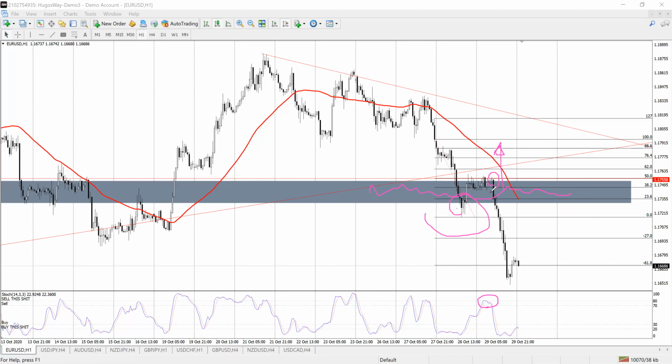But they didn't understand all their confluences, because we already had 4 or 5 confirmations, including the stochastic right there, to give us a clean indication on why this pair actually dropped, right?